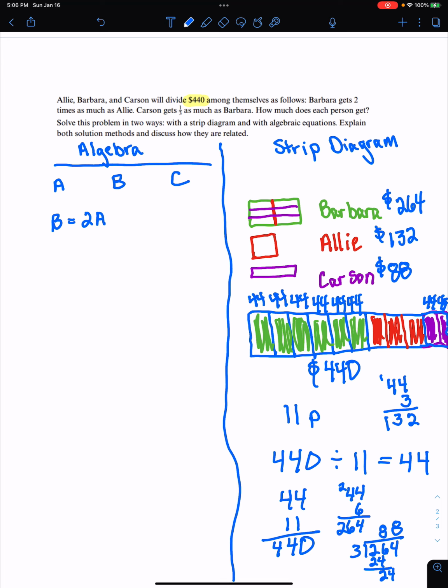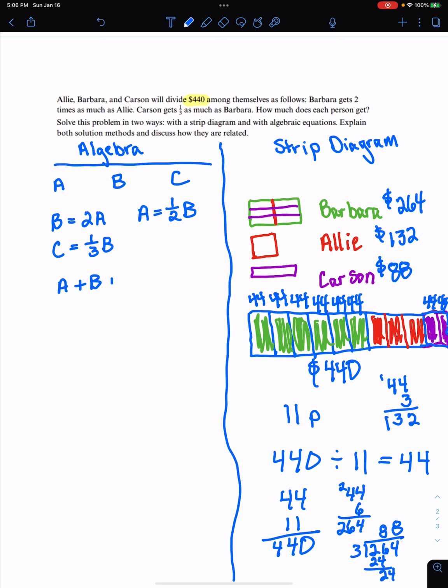Another way of saying that is that Allie gets half as much as Barbara. They mean the same thing. Okay? And then Carson gets 1/3 as much as Barbara. And then if we total them all up, A plus B plus C, we better get $440.